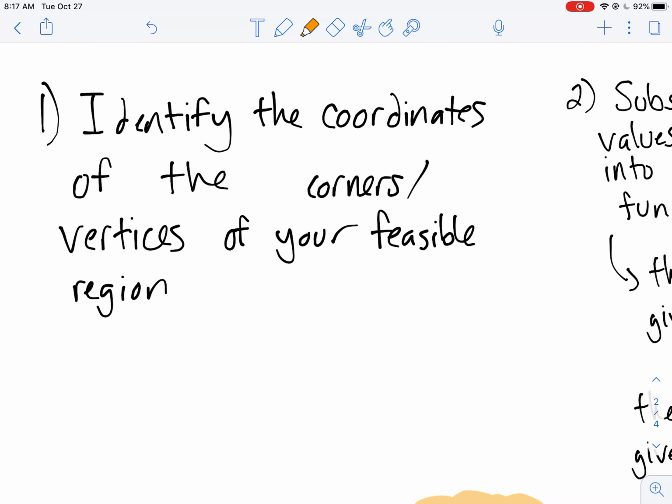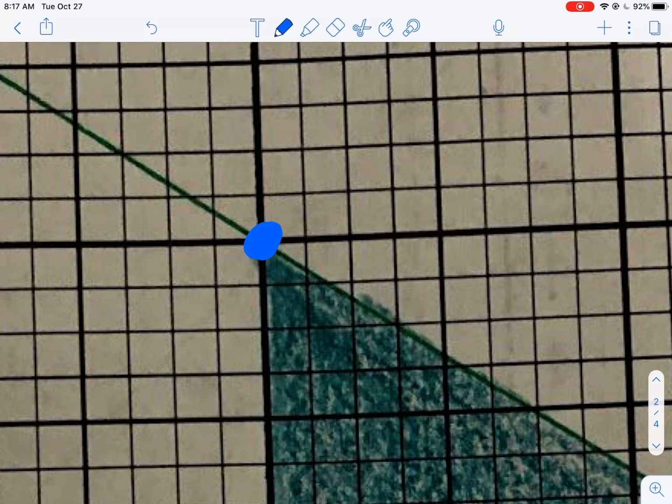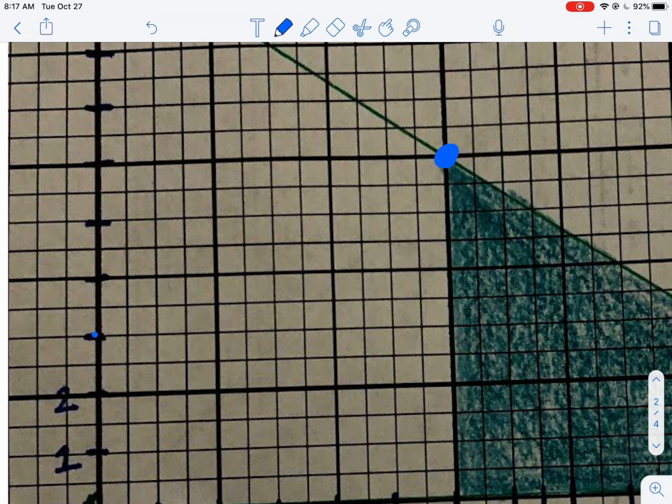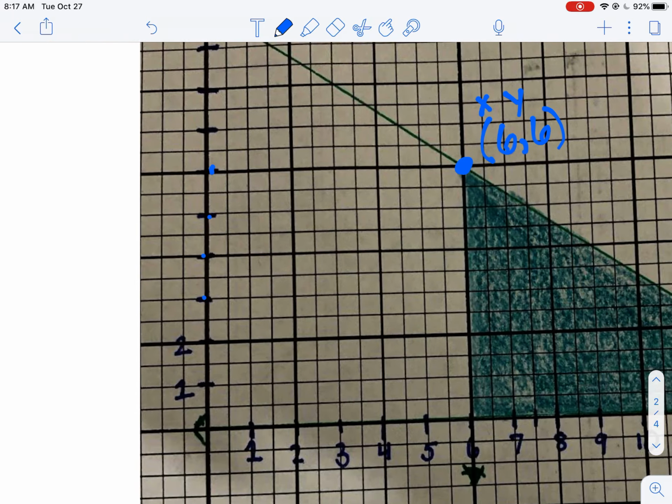So you want to find the corners and identify the coordinates. I notice I've got a vertex right here, and I want to find its coordinates. Those would be 6, 6. Remember, that gives me an x and a y value.